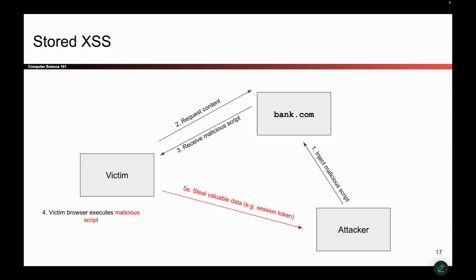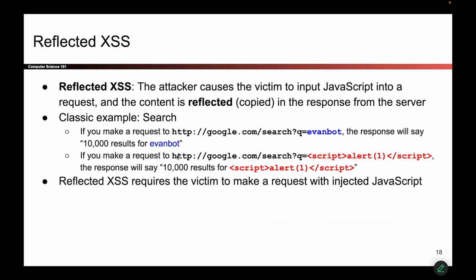Remember that in stored XSS, if we look at the picture, the request is initiated by the victim. The victim visits the attacker's profile page, where they visit a bank website with the malicious JavaScript living on it somewhere, and then the bank returns it. So in this case, the victim is the one that makes the request and receives the malicious script. By contrast, in reflected XSS, the victim has to make a request with this injected JavaScript.